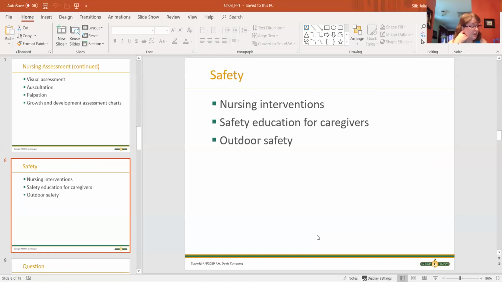And then injury death rates were highest among American Indians and Alaskan Natives, whereas rates for Caucasians and African Americans were approximately the same. Drowning was the leading cause of injury death for those 1 to 4 years old. Falls and poisonings remain highest among children between 1 and 4 as well.